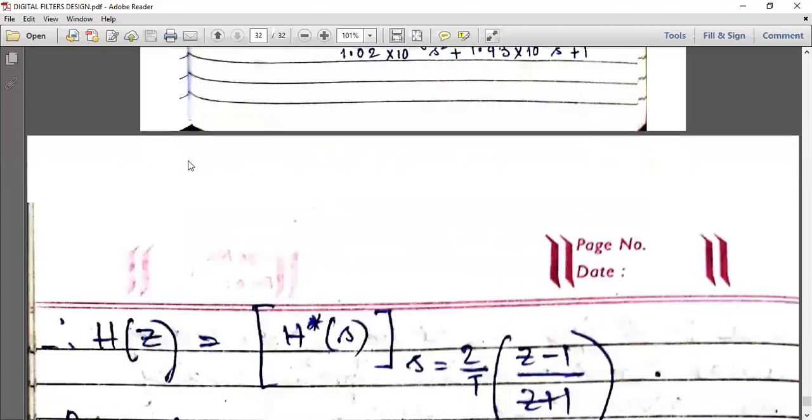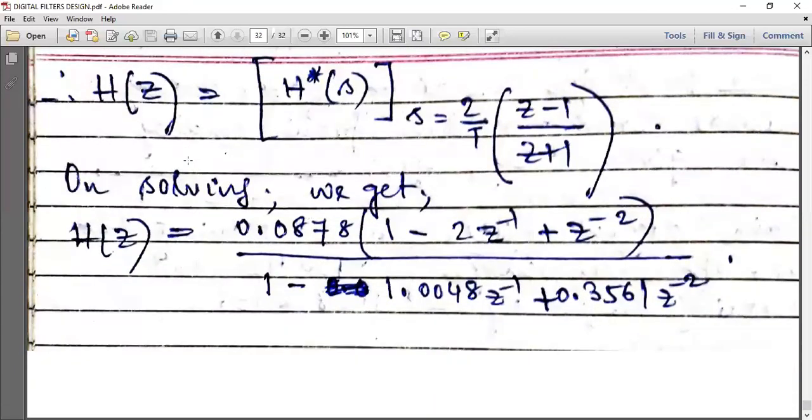Now we will find HZ, the Z transform. So what will be HZ? HZ will be H star S at S equal to 2 by T into Z minus 1 by Z plus 1. Now again replace S by 2 by T into Z minus 1 by Z plus 1.